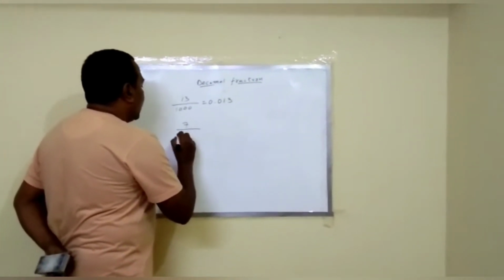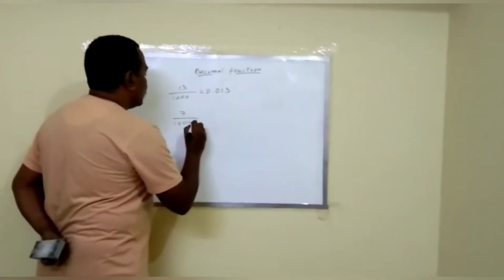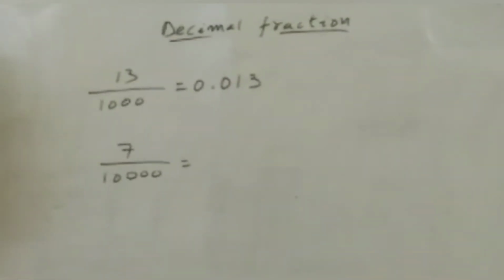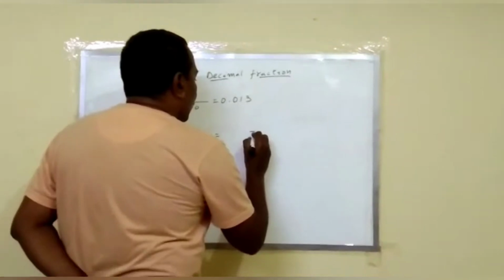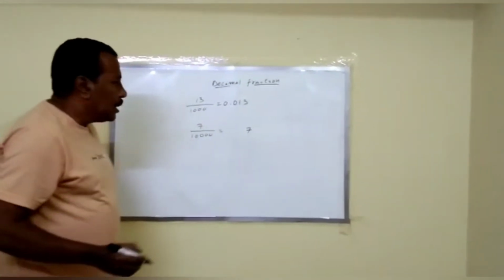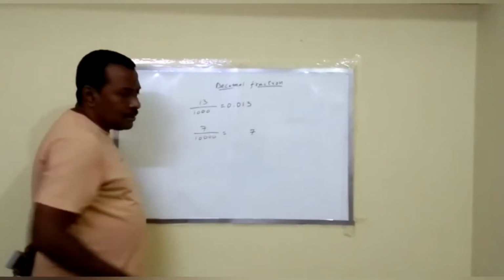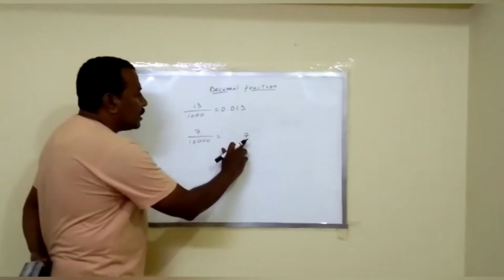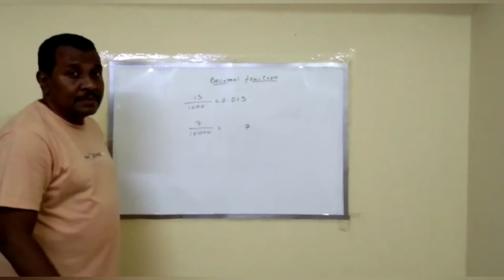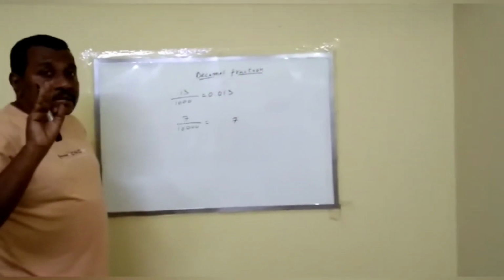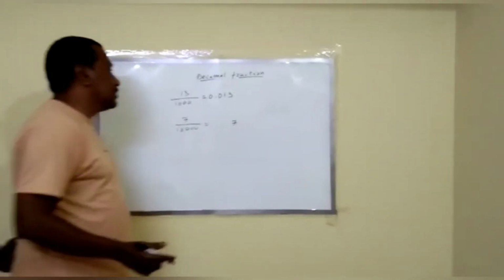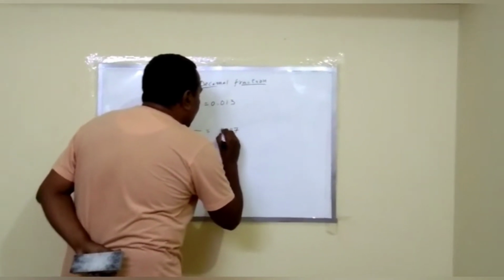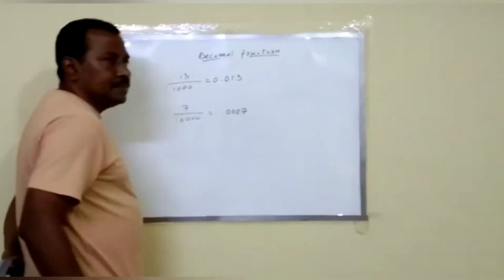Now 7 by 10,000. How do you write the decimal form of 7 by 10,000? As usual, write the numerator 7. The denominator contains 4 zeros, so we need 4 digits, but here only 1 digit is there. So 3 digits are required: keep 3 zeros, 1, 2, 3, and keep a decimal point.